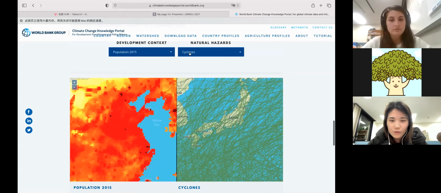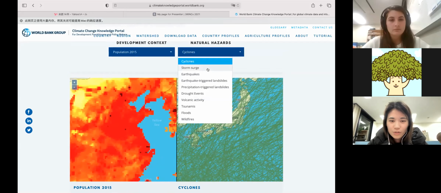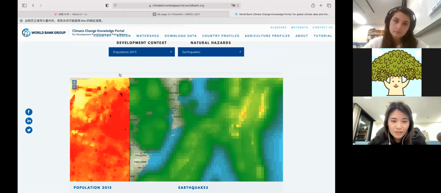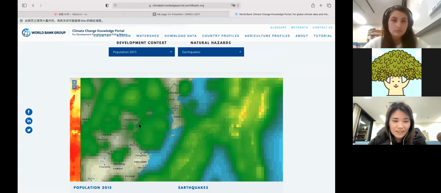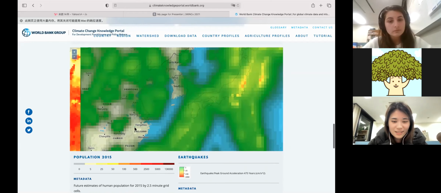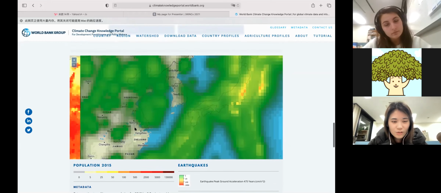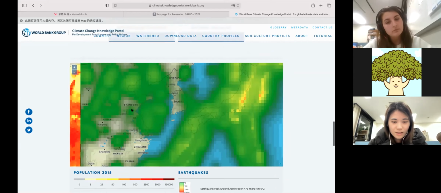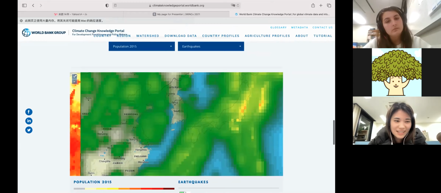at first I want to choose the earthquake part. Yes, please. Okay. So this Shandong, I think it's not so strong about this earthquake part. But we have it, I think.